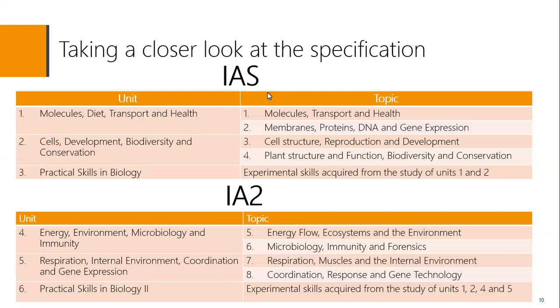So in the International AS, we've got 2 units, molecules, diet, transport and health, and cells, development, biodiversity and conservation.